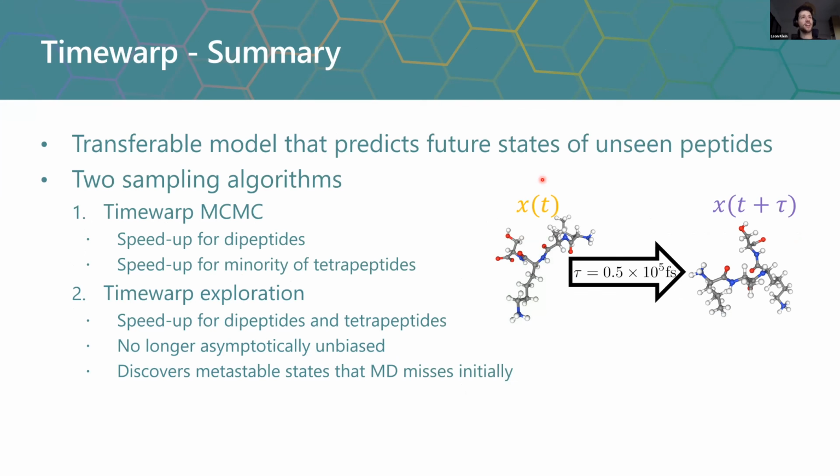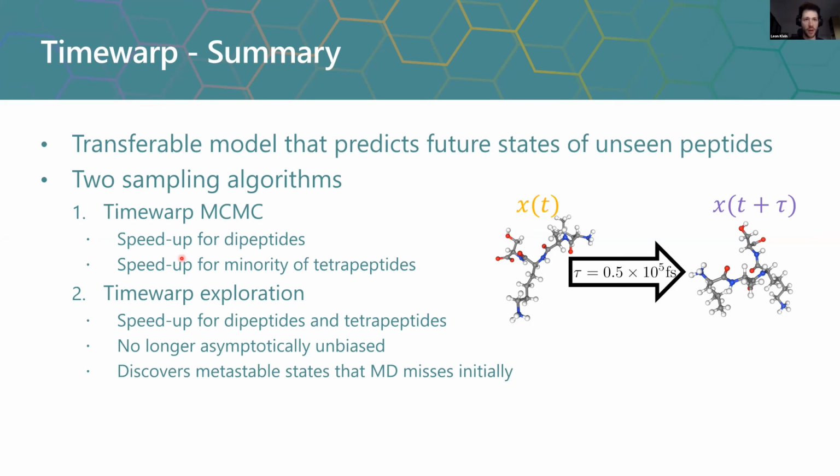So to sum things up, in the paper, we introduced the Timewarp model, which is a transferable model to predict future states of peptides. And we can combine this model with 2 sampling algorithms. One was with MCMC, and there we saw speedups for dipeptides and for some tetrapeptides or most dipeptides.